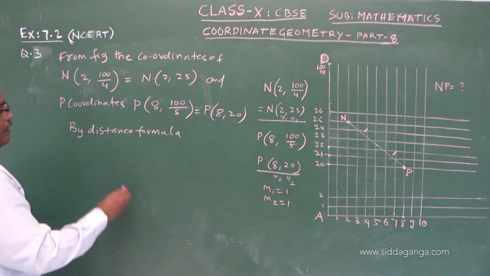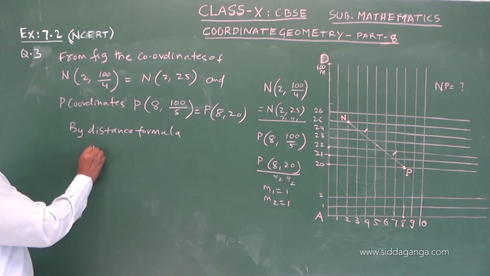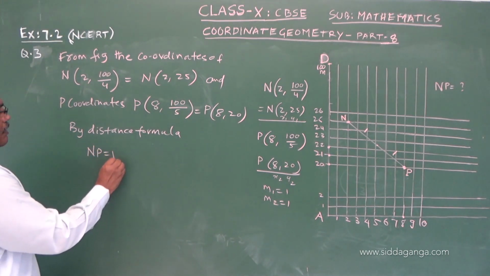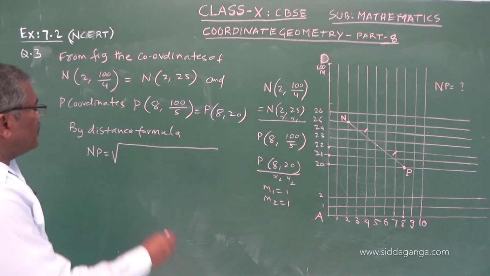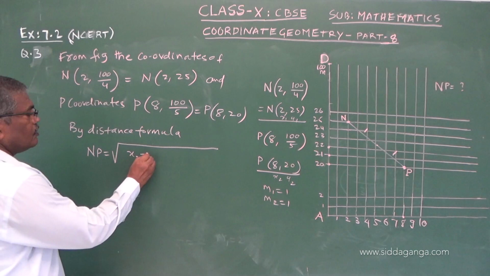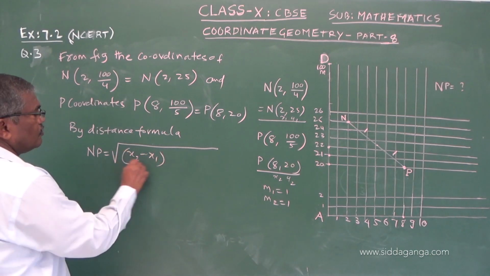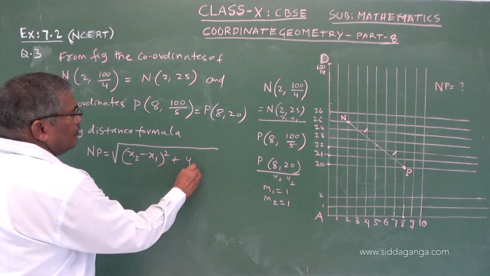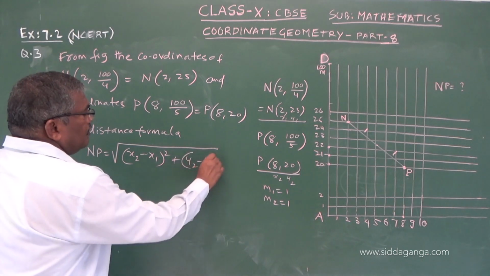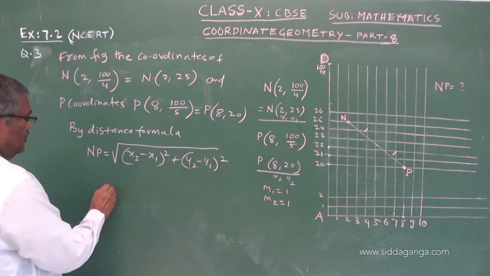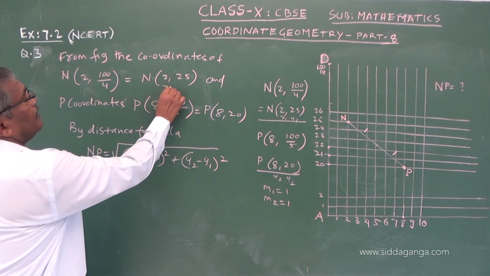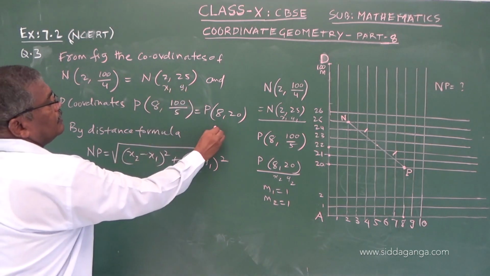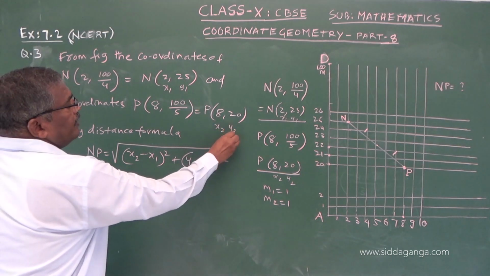Distance formula: NP distance equals square root of (x2 minus x1) whole square plus (y2 minus y1) whole square. So here this is x1, y1, this is x2, y2.